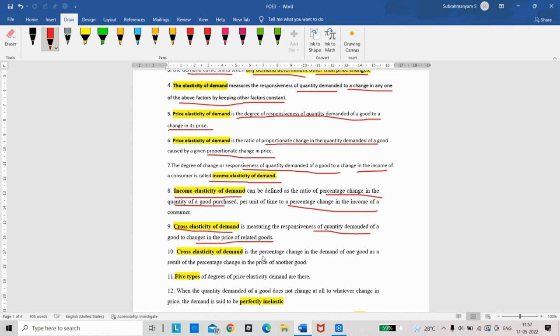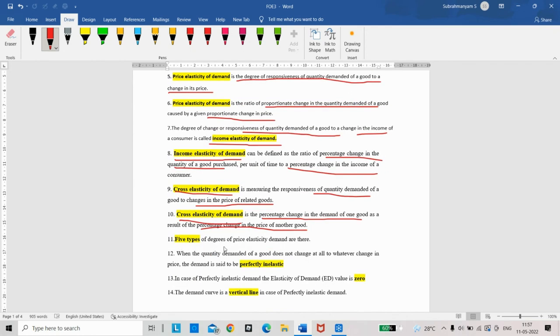Dash is the percentage change in the demand of one good to percentage change in the price of another good. That is the ratio between proportionate or percentage change in the quantity demanded to proportionate or percentage change in the price of another good. That is cross elasticity of demand.